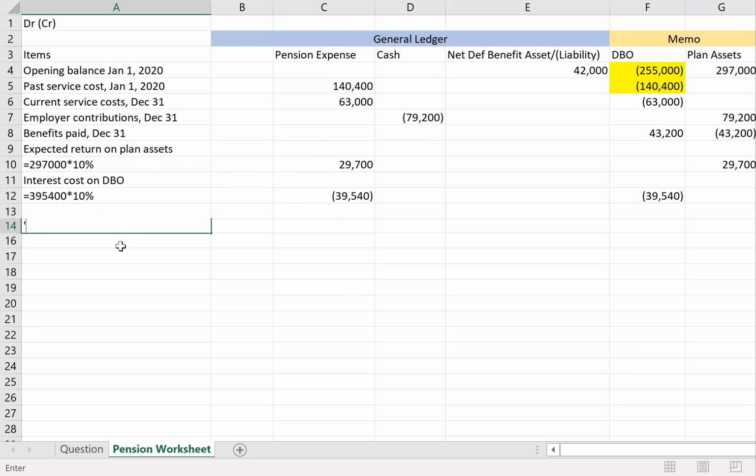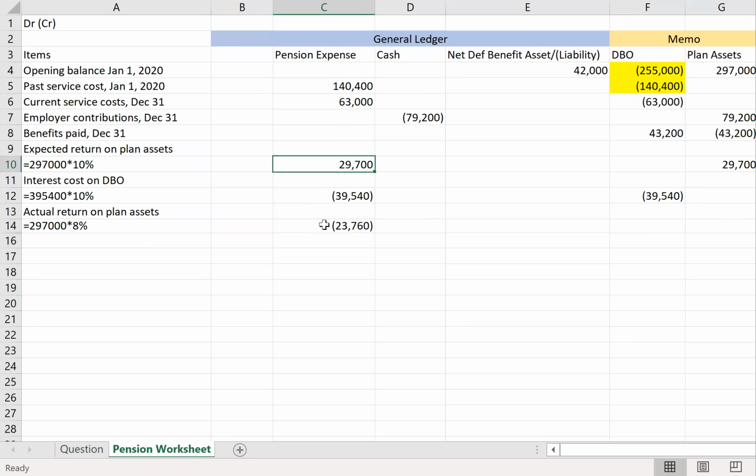Okay, so this is going to be our plan assets times 8% minus the expected return. So if we put this in here, it's going to be 297,000 times 8%, which is going to give us, as you can see, we thought we were going to earn 29,700, but we only earned 23,760.